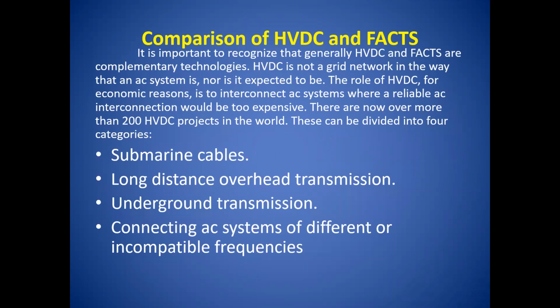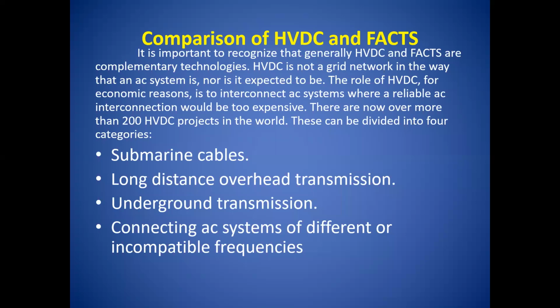Now, HVDC is not a grid network because it is not an AC system, whereas HVDC can interlink two systems of different frequency. This is a major advantage. Whereas the HVAC system or FACTS technology we use only in EHV, extra high voltage AC systems.